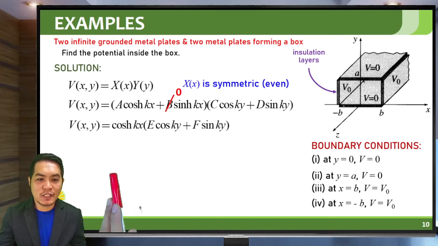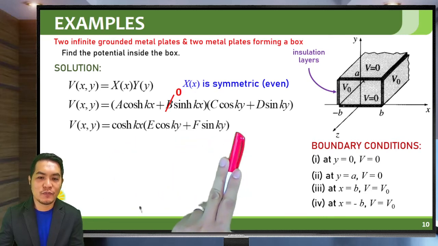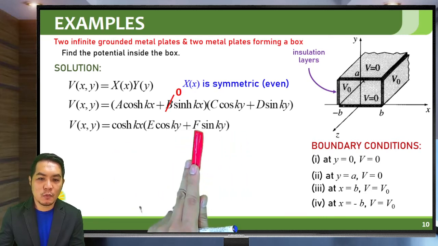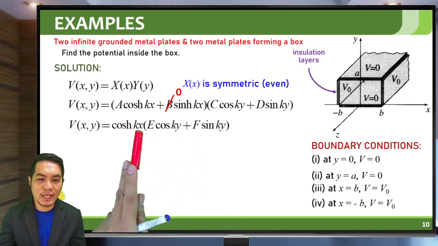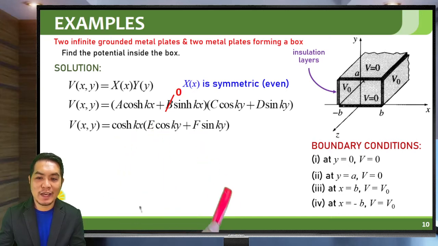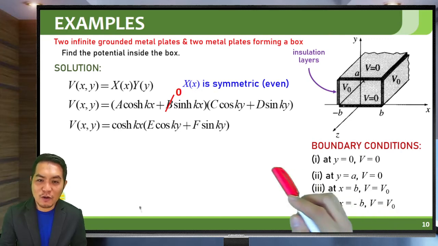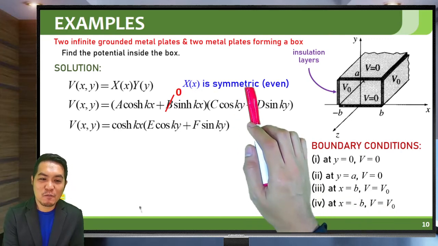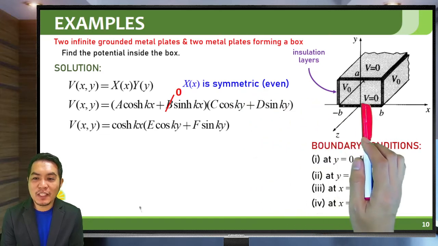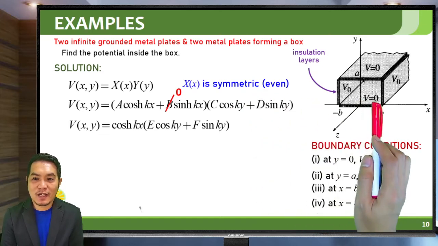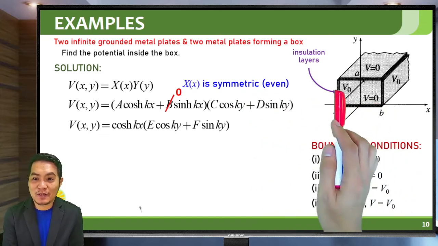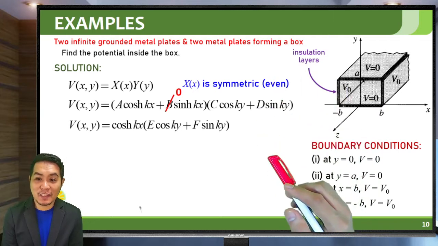So our solution is now reduced to this one. We only have 3 unknowns: k, E, and F, and we have actually 4 boundary conditions. That's the thing also about even functions. You only need to use one side of the function, because the other side is just symmetric.